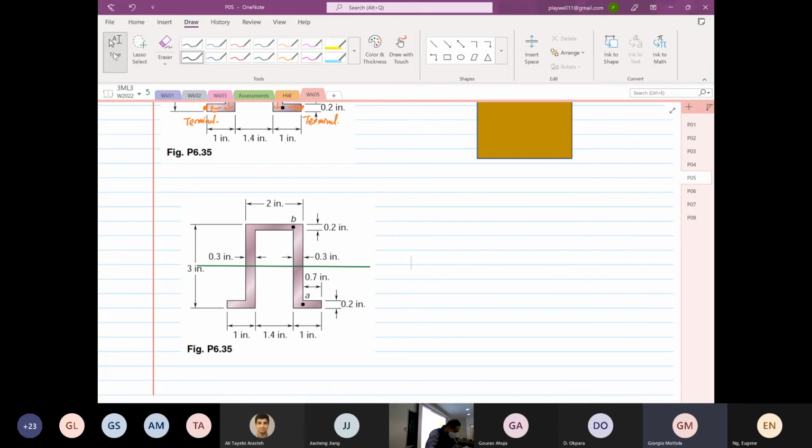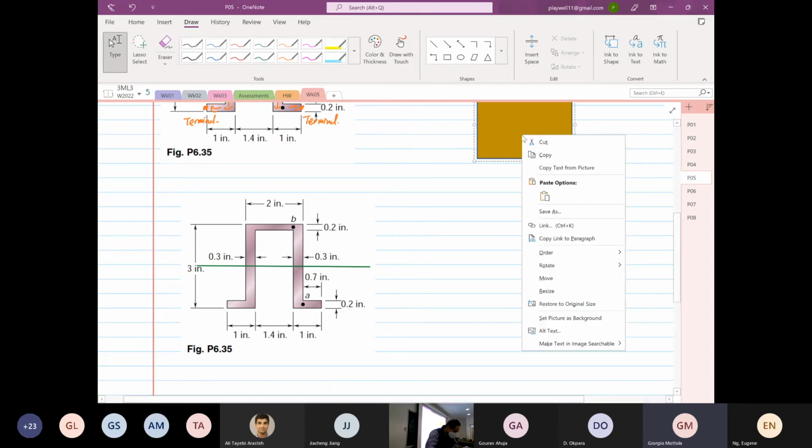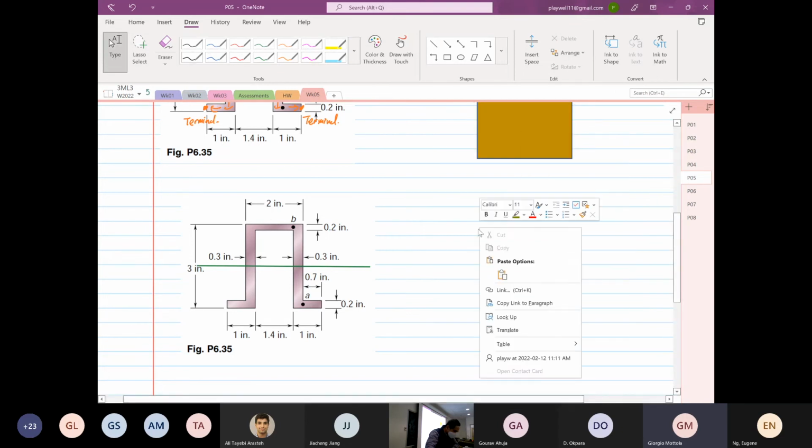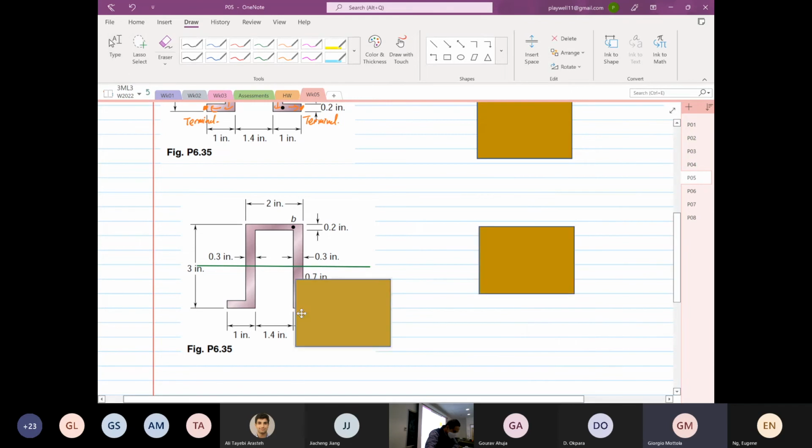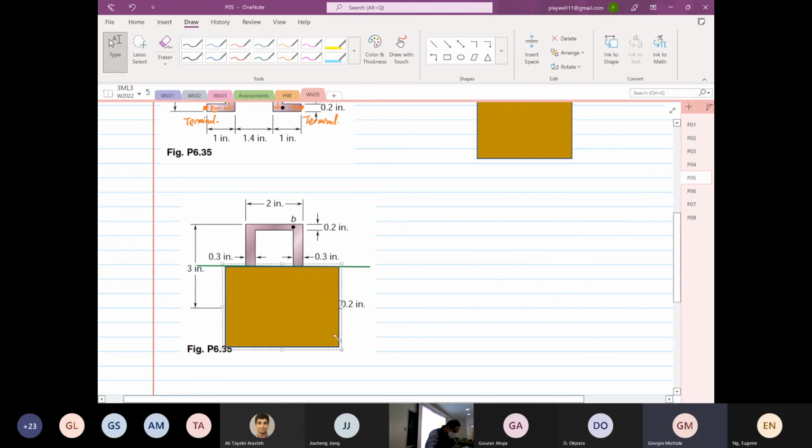If or when I take this box and I cover here, what does this look like? Box beam or wide flange? Box beam, isn't it? It's now a box beam.